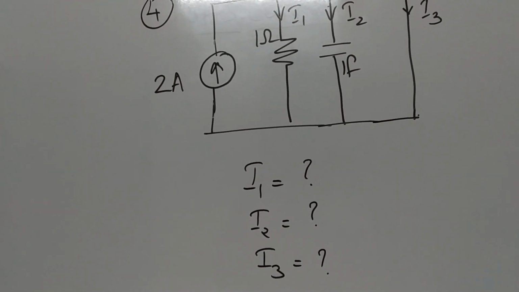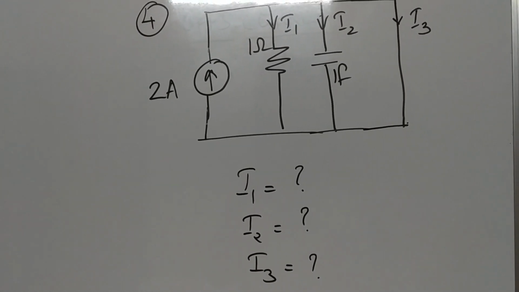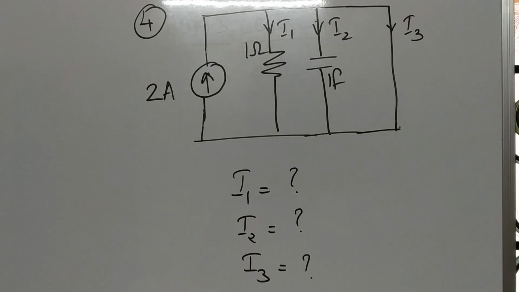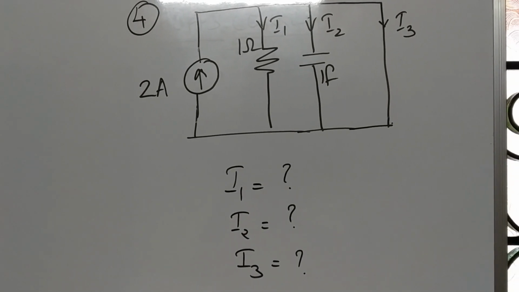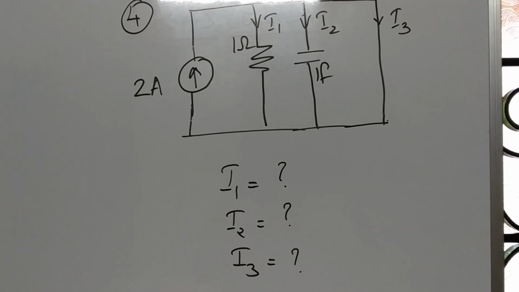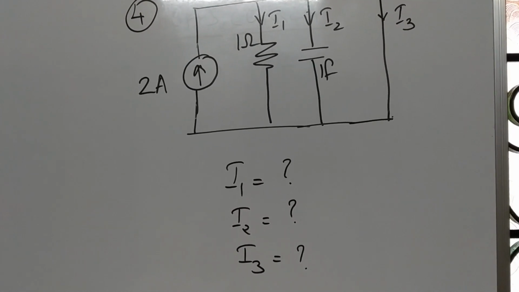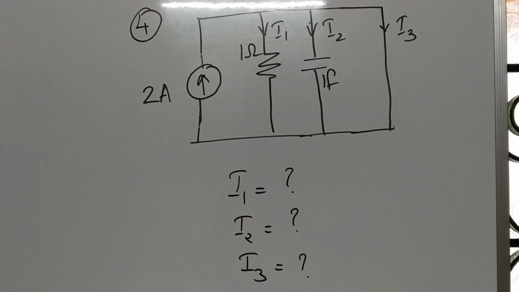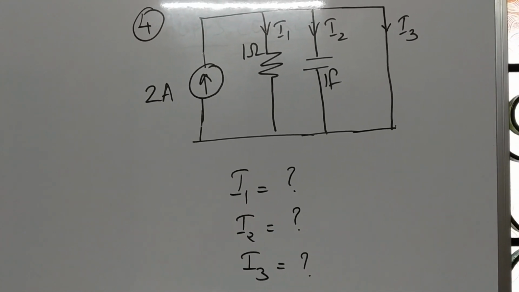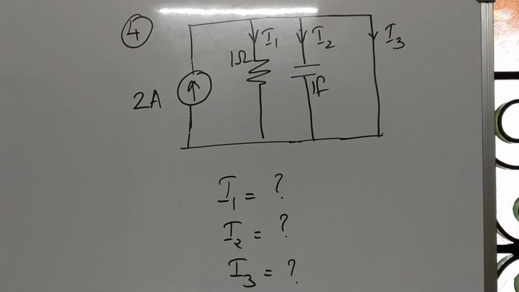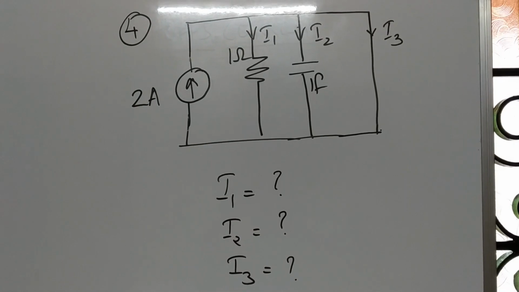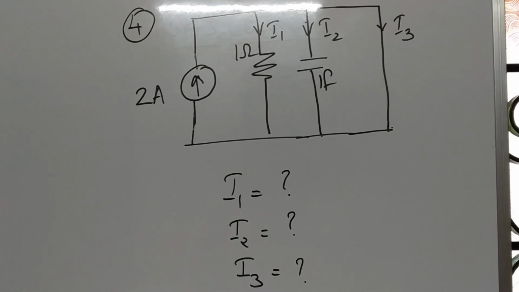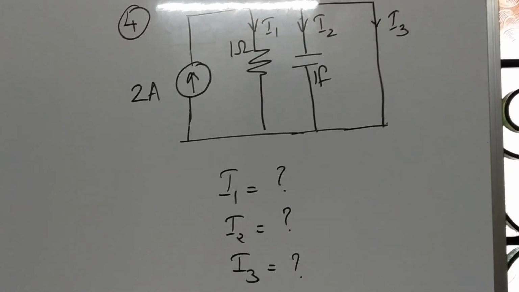So the complete 2 ampere will flow through the short circuit path and hence I3 will be 2 ampere and I1 and I2 will be 0. So whatever be the number of parallel branches, if there is a short circuit branch in parallel to it, then the current flowing through all the other parallel branches will be 0.